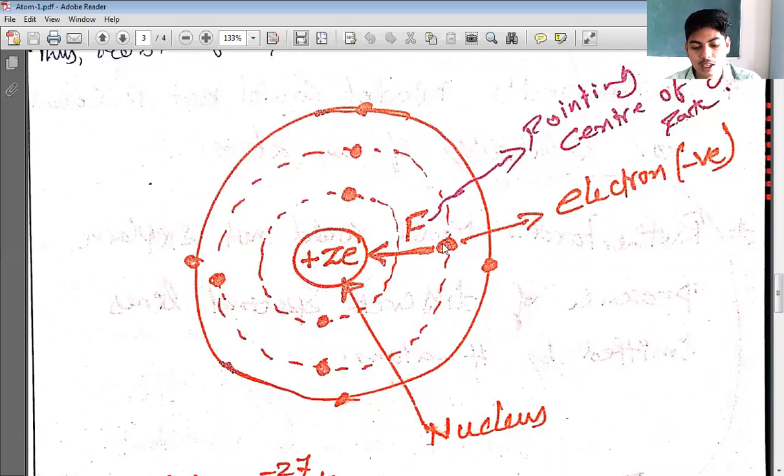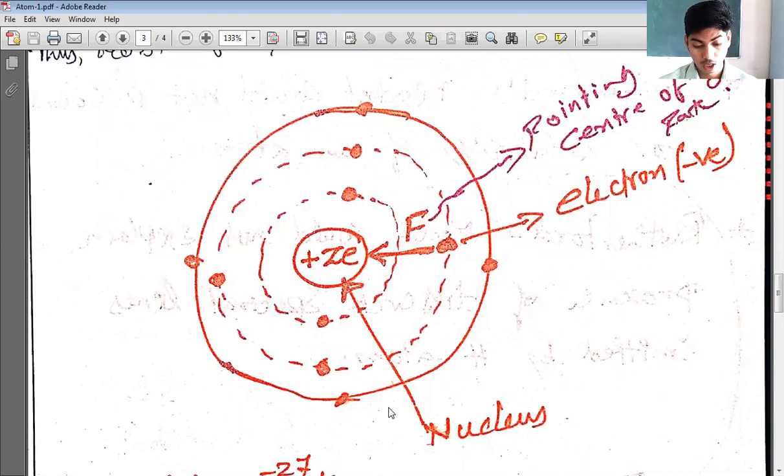We know that electron is a negatively charged particle and it is accelerating around the nucleus. According to classical electromagnetic theory, an accelerated charged particle should always emit energy. Is the electron revolving around the nucleus an accelerated charged particle or not?